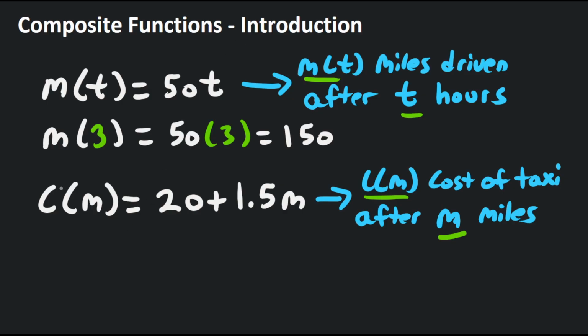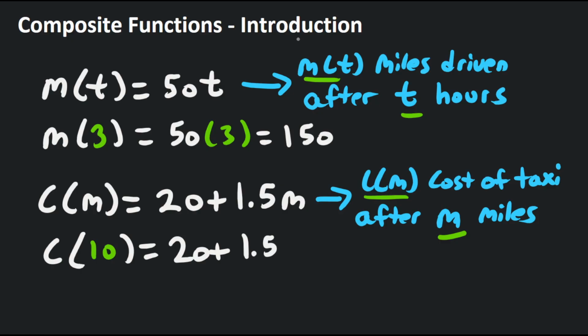So let's write down an example. Let's say we had c of 10, 10 being miles. So c of 10 would be 20 plus 1.5 times 10. Okay, so let's evaluate this. What's 1.5 times 10? That's 15. And 15 plus 20 is 35.